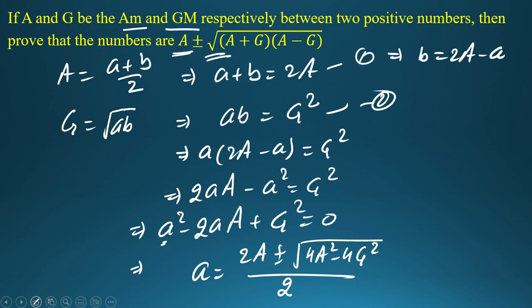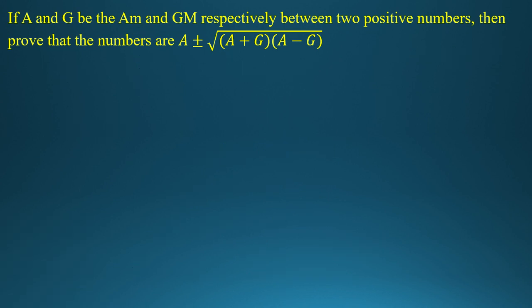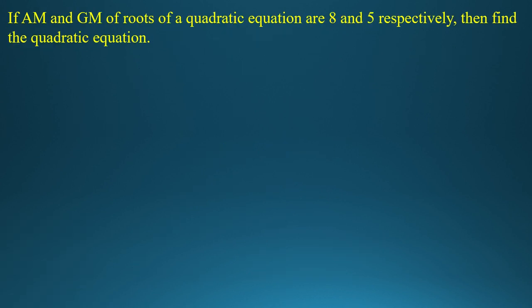Okay. Now, next is, if the arithmetic and geometric mean of the roots of a quadratic equation are 8 and 5 respectively, then find the quadratic equation. So you see, arithmetic mean and geometric mean of roots of a quadratic equation. Okay. So let the roots be a and b.